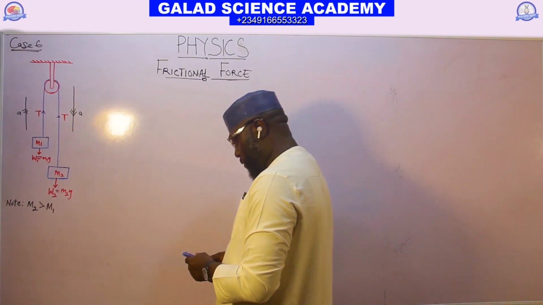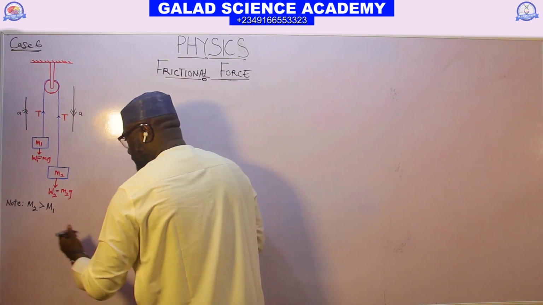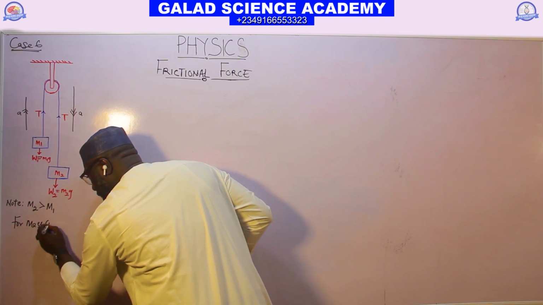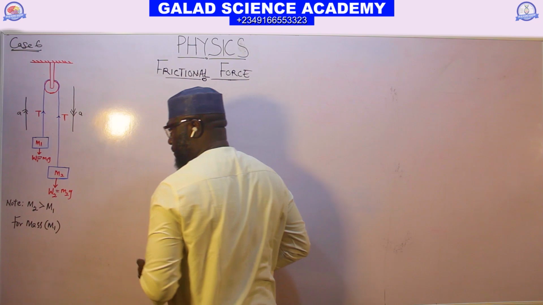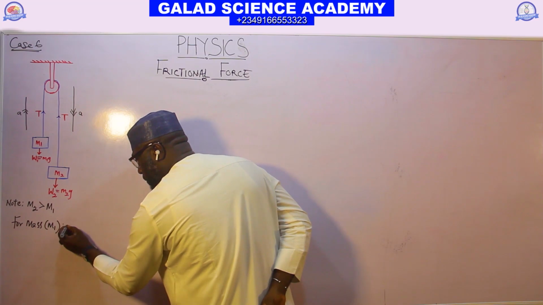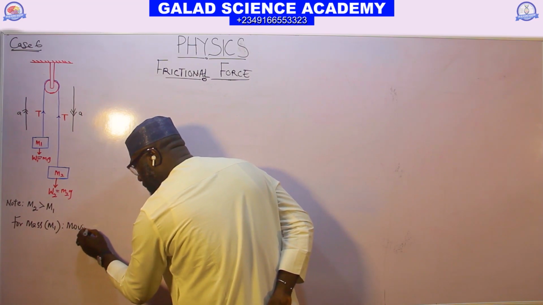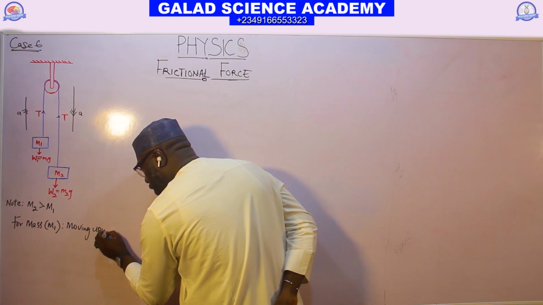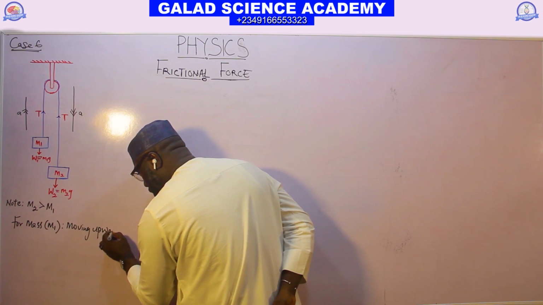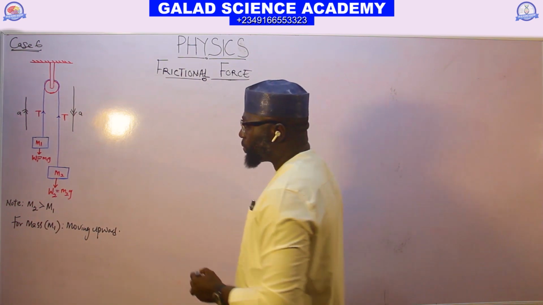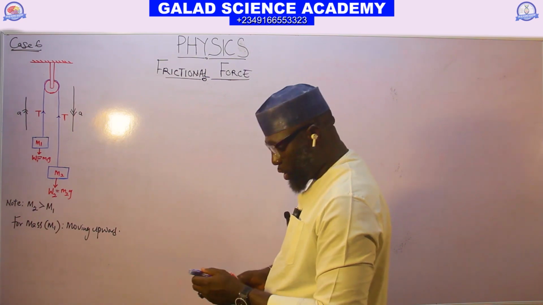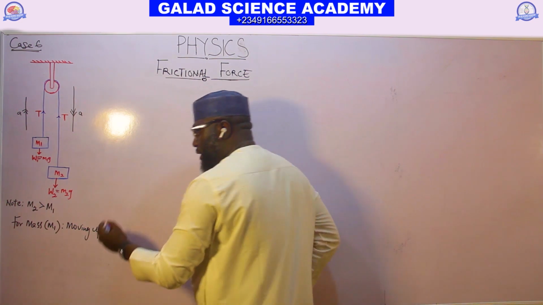The first thing that you will say is, for mass M1, the object is moving upward. So if you want to determine this, you will need to redraw the diagram.